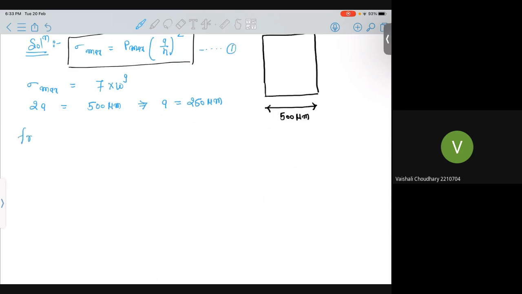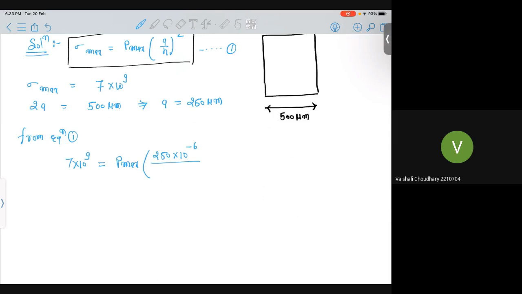So from equation 1, this is 250 into 10 to the power minus 6.